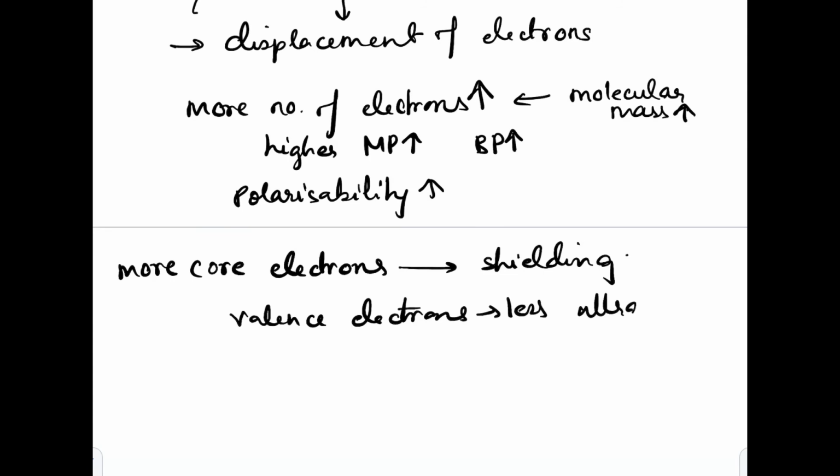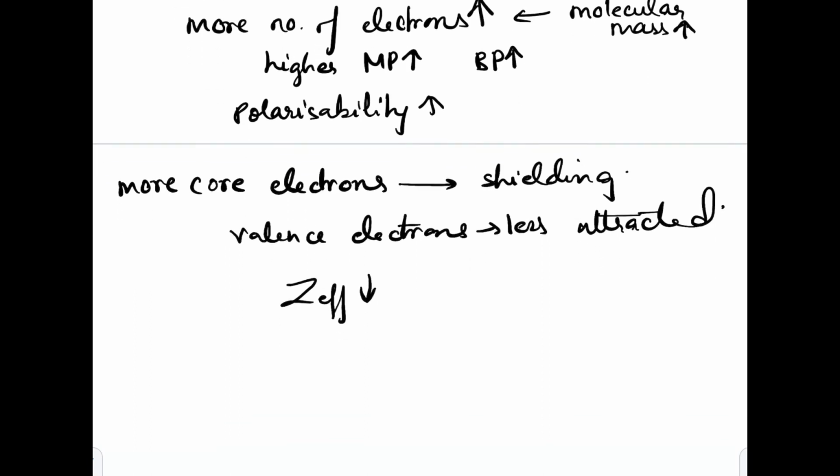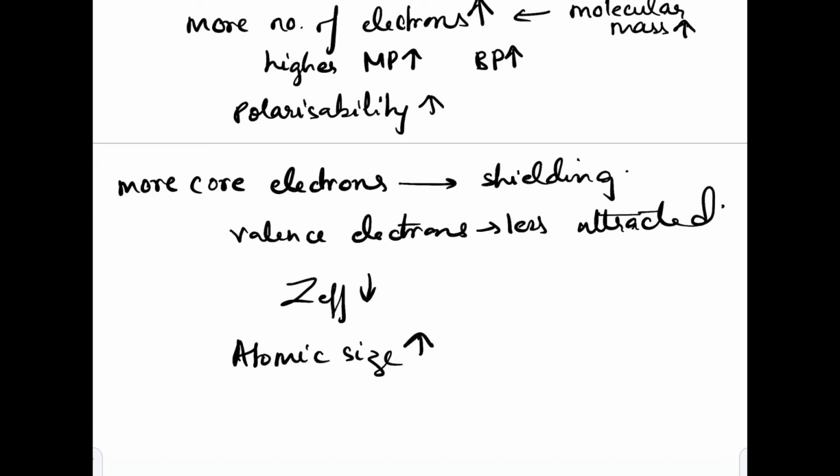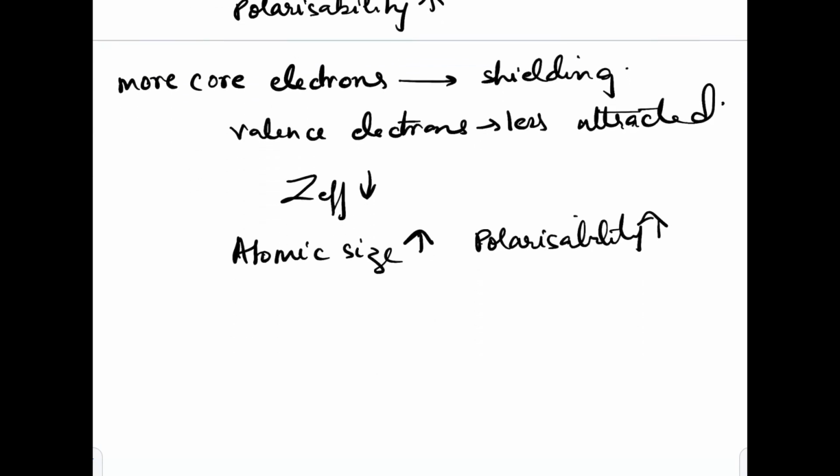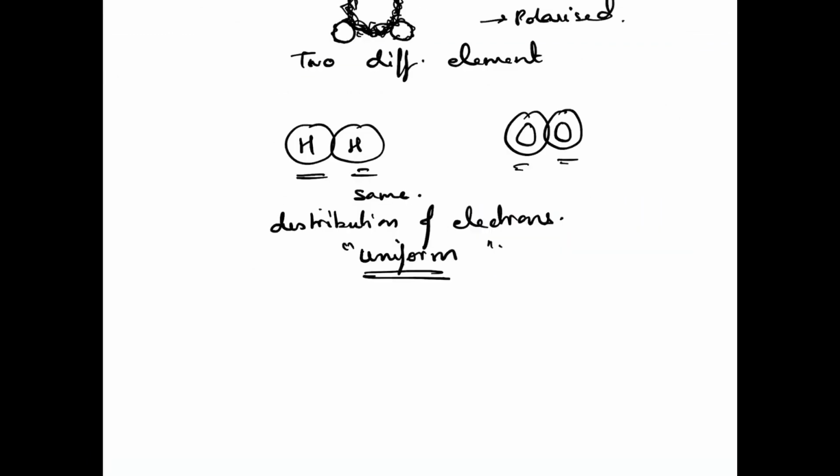The effective nuclear charge is quite less, and if it is less, that means there is more polarizability. That also indicates that if the atomic size is more, polarizability is also more. These are some of the things we need to keep in mind when we talk about polarizability.